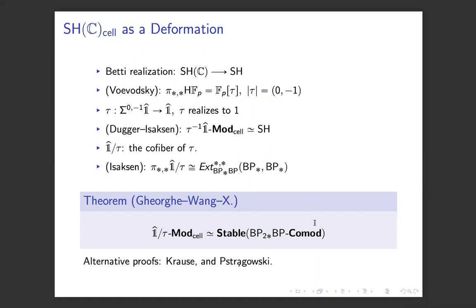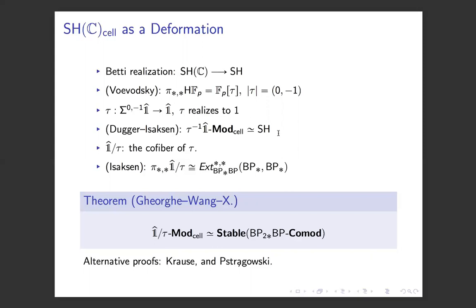So in the deformation point of view, after we announced the proof, we have alternative proofs by Krause and Pstrągowski. So this result can be viewed, from the deformation point of view, as saying the special fiber is actually purely algebraic. It's just a derived category of some abelian category, which we understand very well.